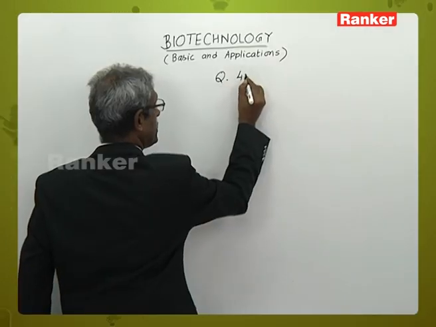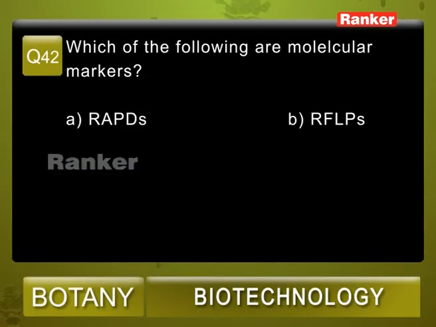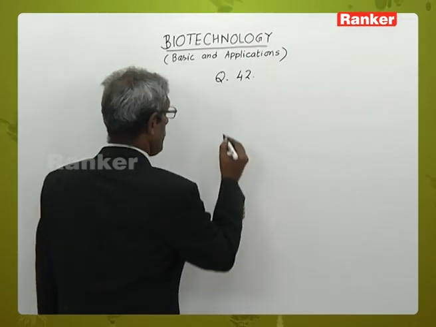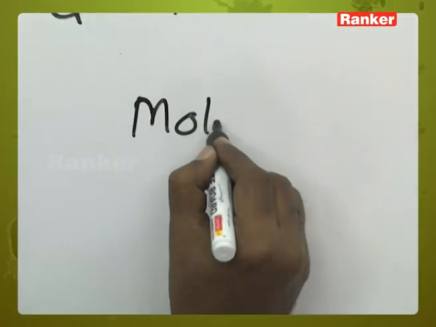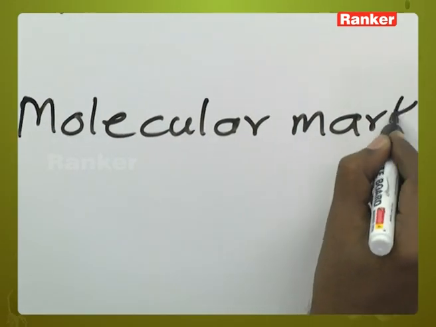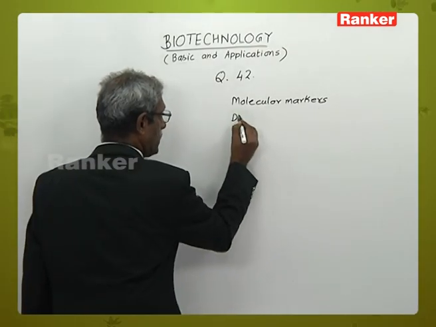Next question is 42. Which of the following are molecular markers? A is RAPD, B is RFLP, C is SSR, and D is all of these. When you take molecular markers, molecular markers are also called as DNA markers.